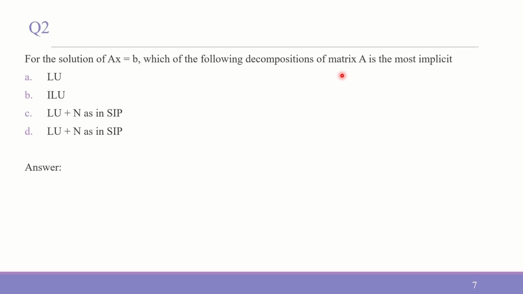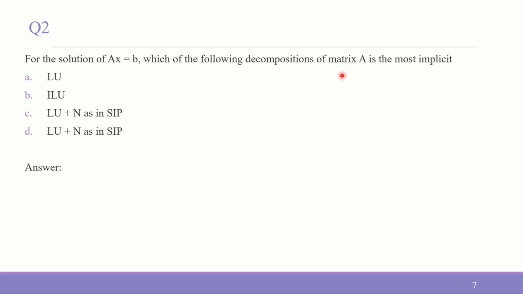First one, LU, is the direct method, so that one is the most implicit method. Second one, ILU, is incomplete LU decomposition, and that is comparatively more implicit, but the third one, Stone's, is also comparatively more implicit than the incomplete LU decomposition method.